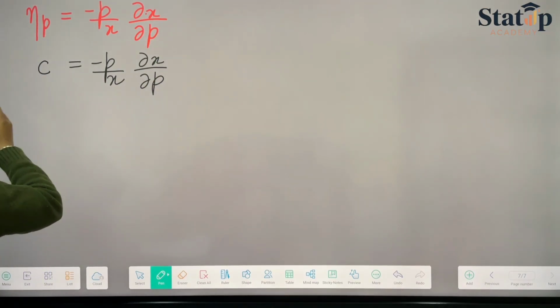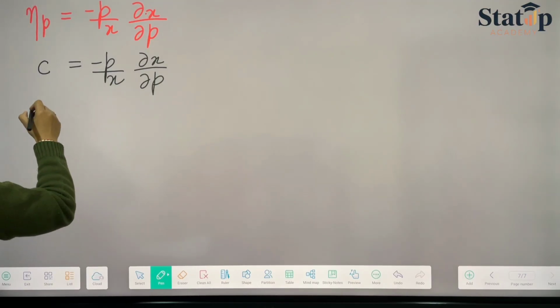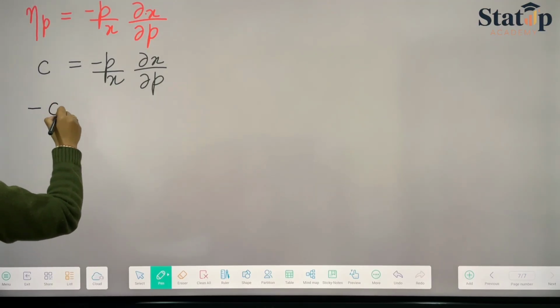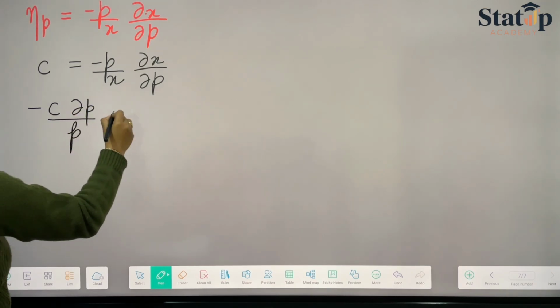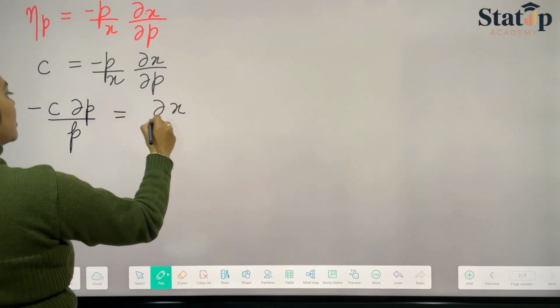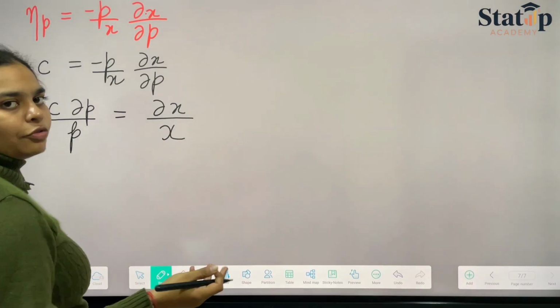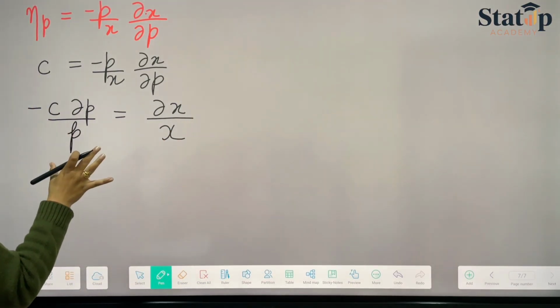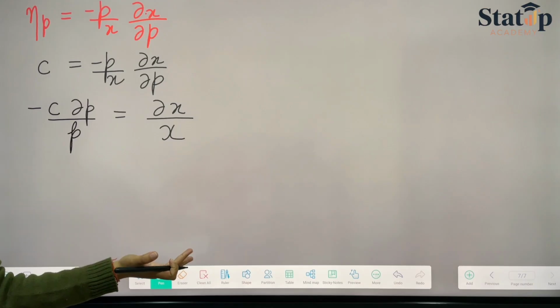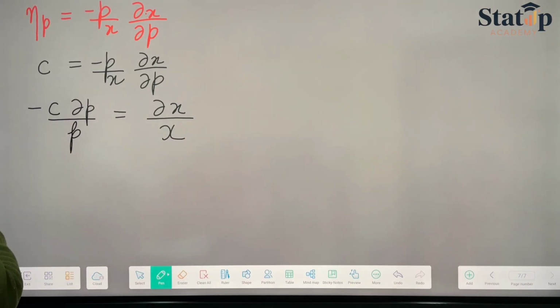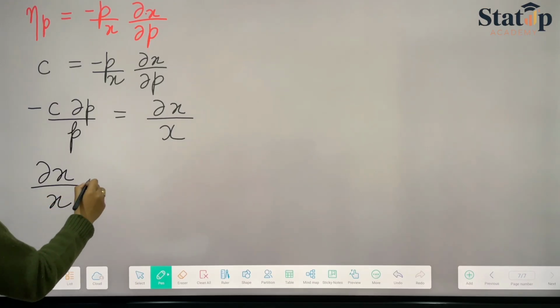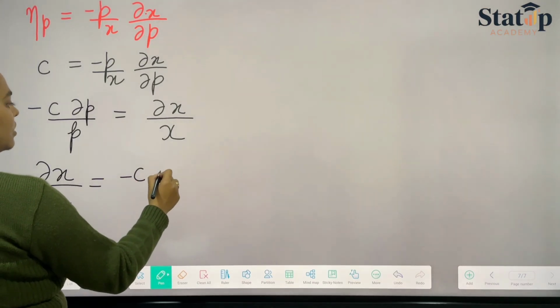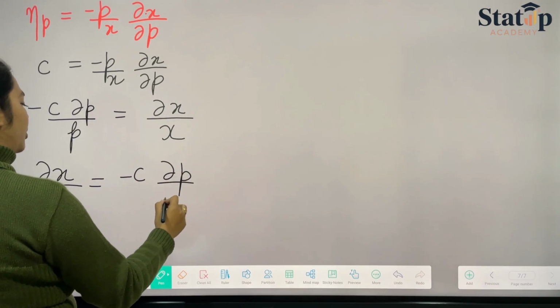If we take p to the other side, we will be getting minus c delta p upon p equals delta x upon x, because we have to find the demand. So here we have kept the demand alone on one side and taken the rest on the other side. Now I am rearranging the terms. It is minus c delta p upon p.